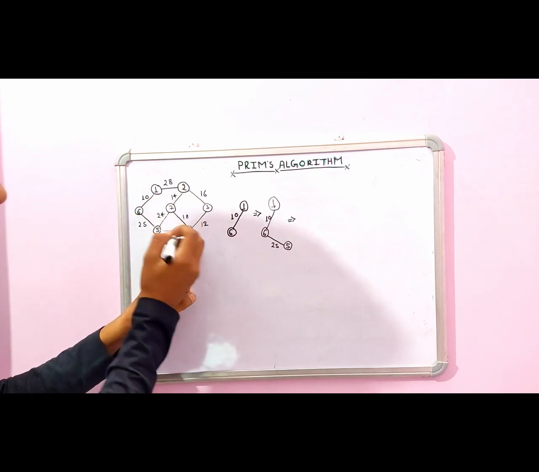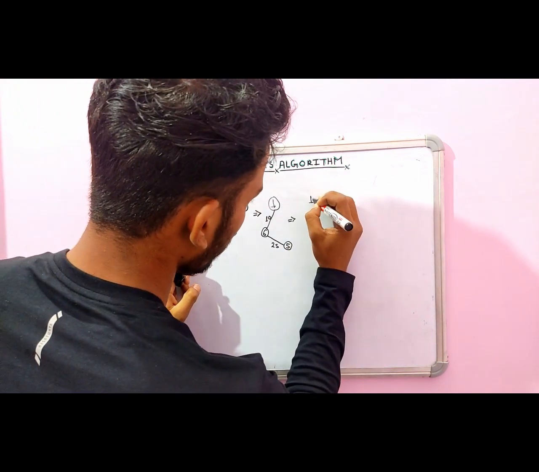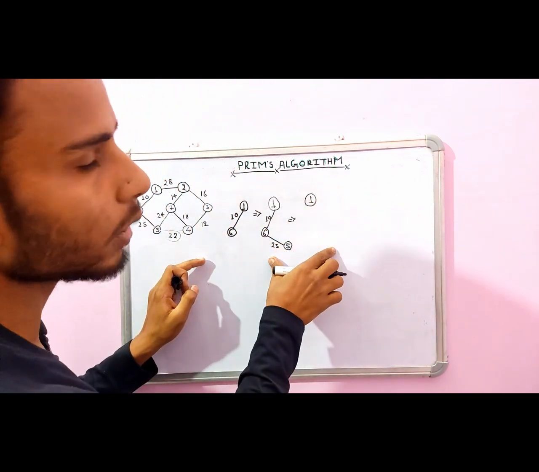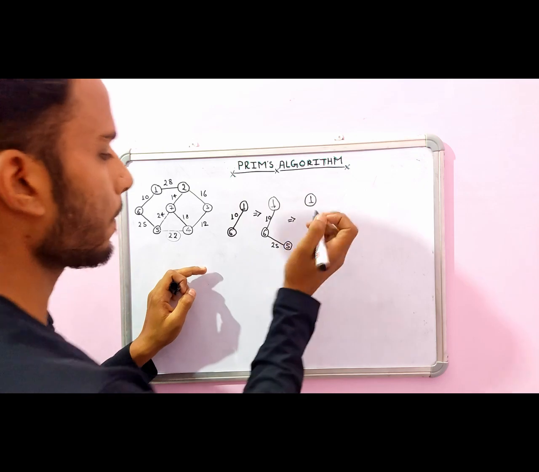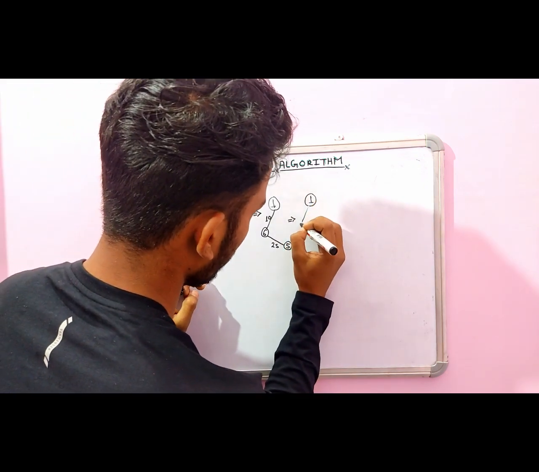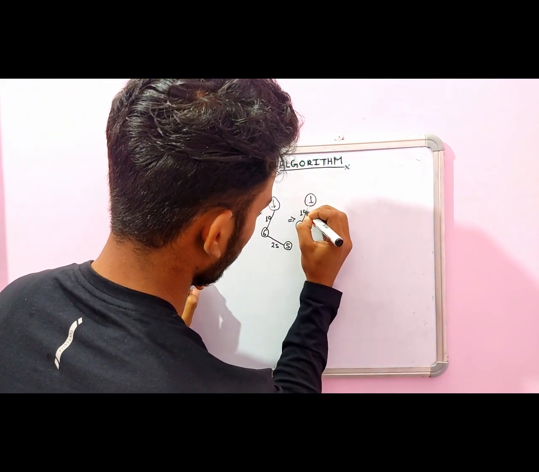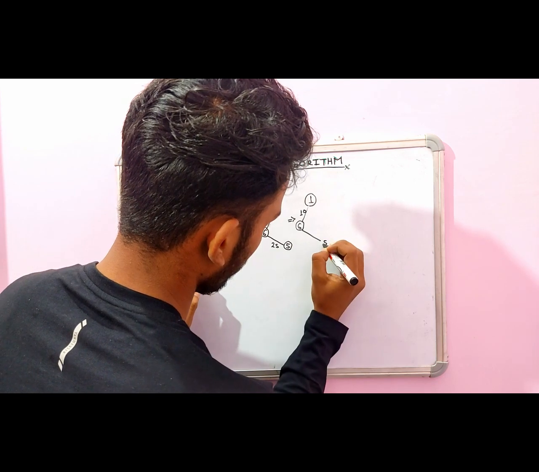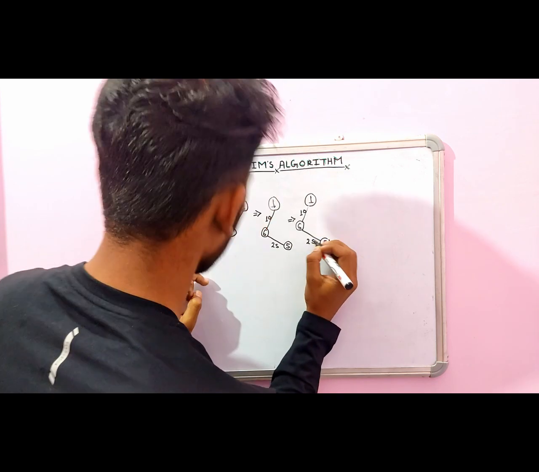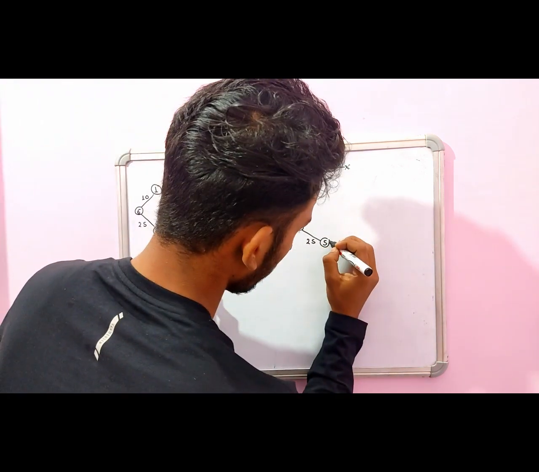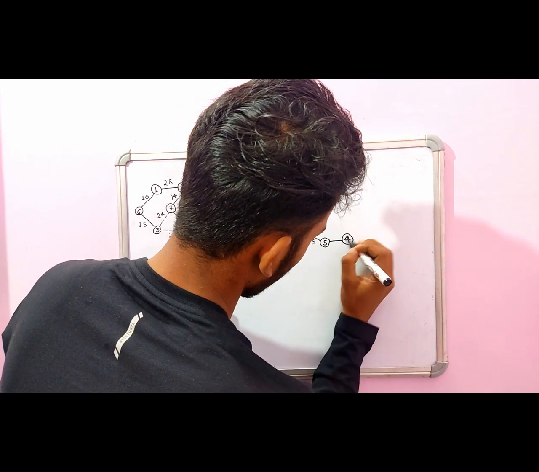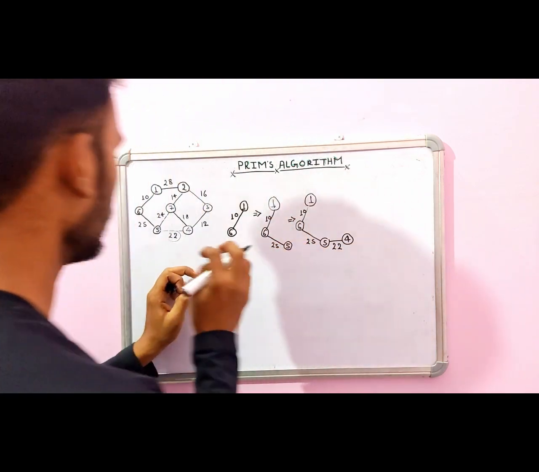Okay, so we select the edge 5 to 4. So this is the stepwise solution you have to do in your semester exams. Now selecting the edge 5 to 4. It has the weight 22.